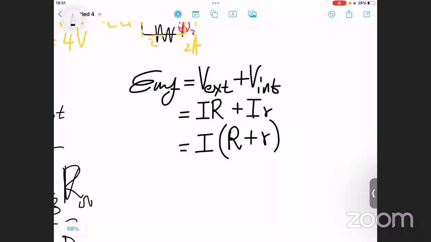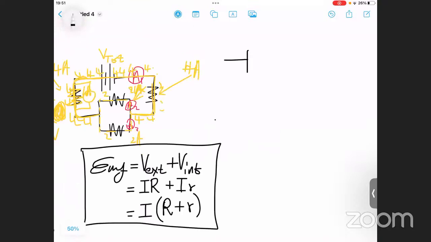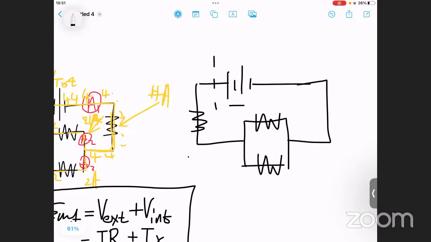So you might need to be aware that this is where you will find your internal resistance. Sometimes inside that battery, you will find that you've got a small R. That's where the internal resistor is.